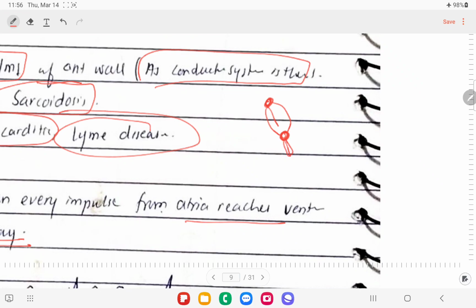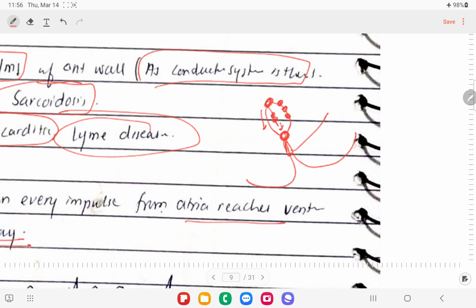Then we'll have the bundle of His, then the right bundle branch and left bundle branch, and the left anterior fascicle and left posterior fascicle. If there are some nodules or infiltration in these internodal pathways, the impulse will be conducted to the AV node but with delay.